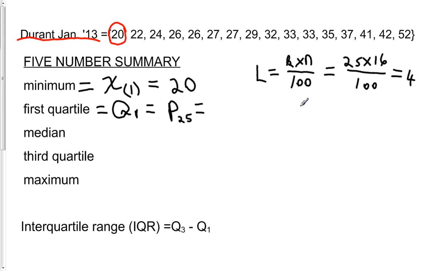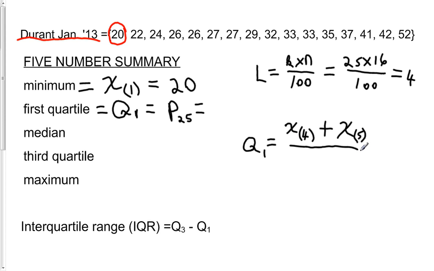Since L is a whole number, if you remember from the percentile video, to find the 25th percentile, which is the first quartile, we have to take the 4th order statistic and the 5th order statistic, the next one in line, add them together and divide by 2.